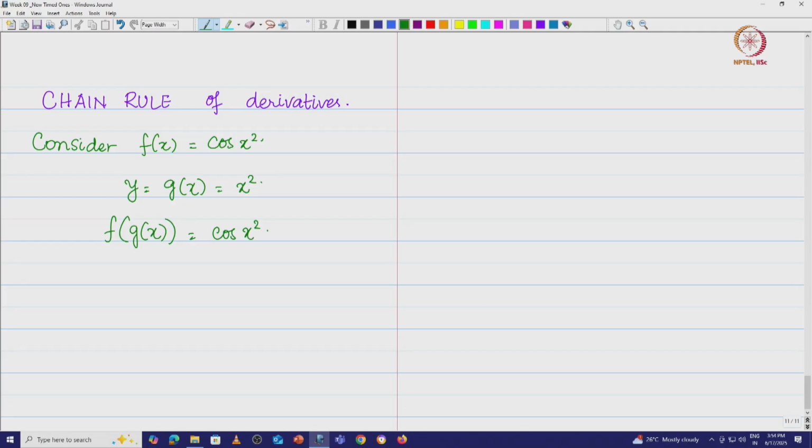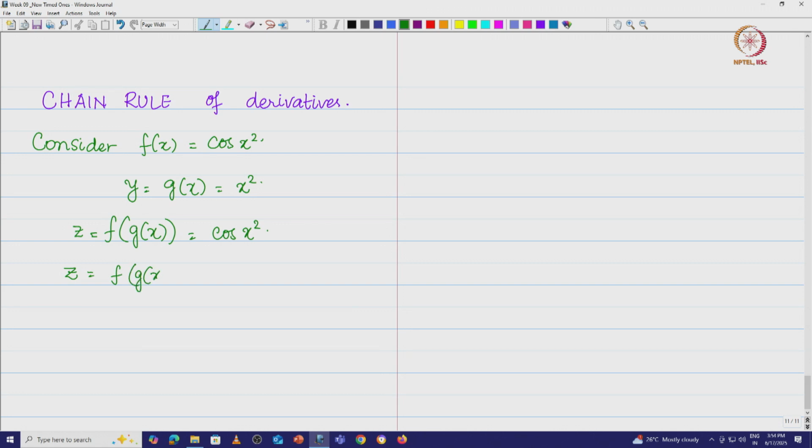So, I am going to call this f of g of x, let us say, the function z. z is equal to f of g of x.